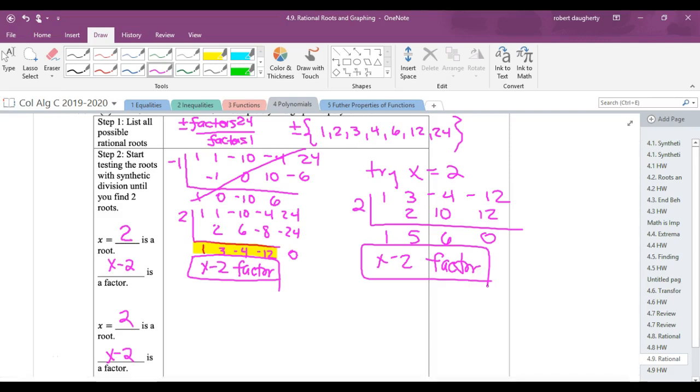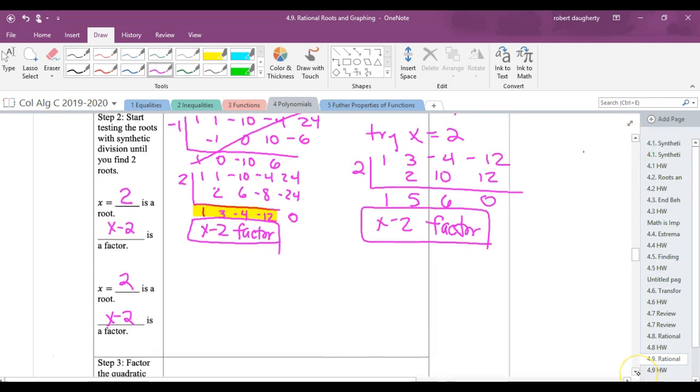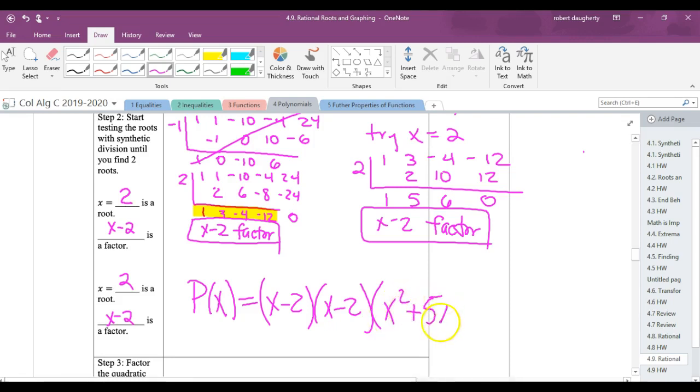2. Okay. So I know now that this polynomial that I started with, p of x, is equal to what? What are the factors that I know? I've got x minus 2, and what am I left with? X squared plus 5x plus 6, right?